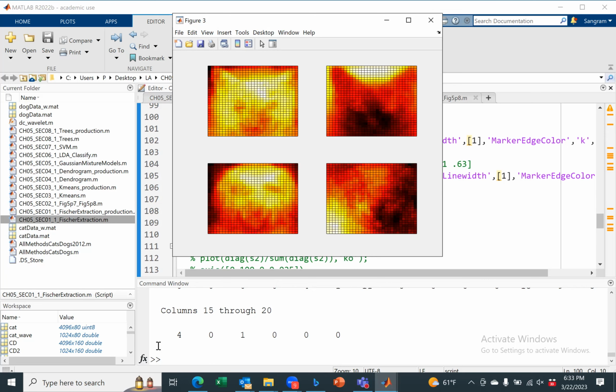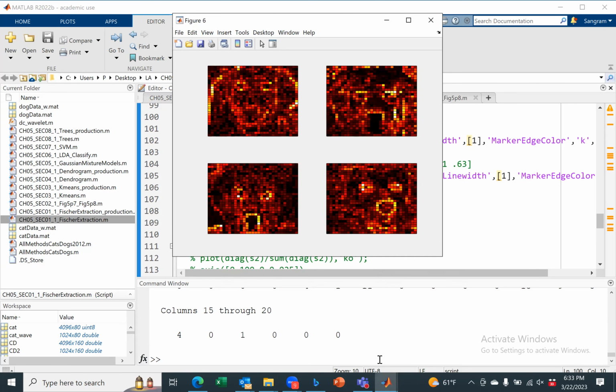And in PCA, as you can see, the edges are not sharp. Basically you get some fuzzy clusters, but you don't get the edges. On the other hand, if you perform the same type of analysis on a wavelet, then all of a sudden you get these sharp features for classification.